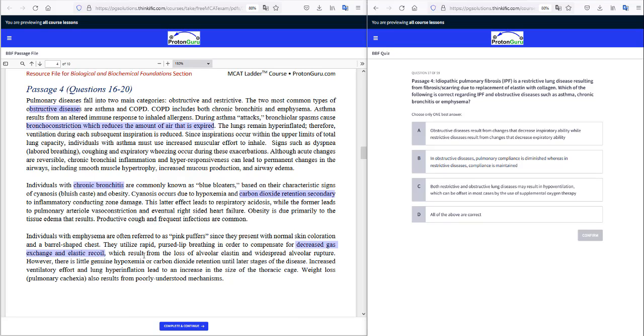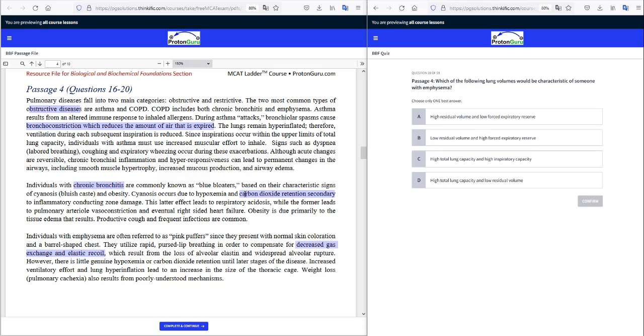So, supplemental oxygen therapy can increase the partial pressure gradient for oxygen. And we saw the plot of partial pressure of oxygen versus saturation of hemoglobin in an earlier part of the question. Therefore, it seems that supplemental oxygen therapy should be helpful to people regardless of what type of lung disease they are suffering from.